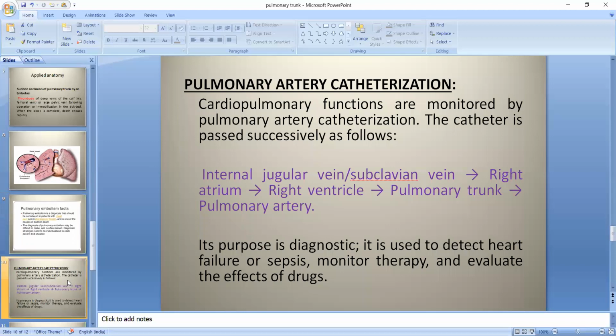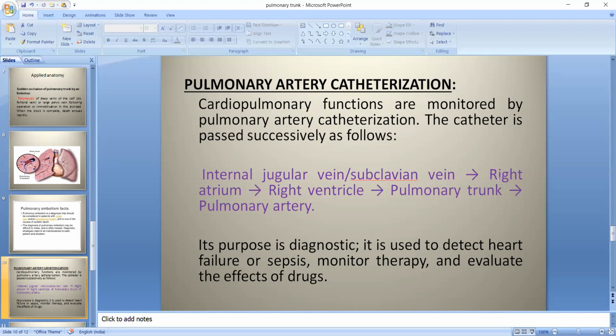There is a remedy for these conditions, that is pulmonary artery catheterization. Sometimes we use pulmonary artery catheterization to monitor cardiopulmonary function. So how do we do catheterization? First, we insert a catheter into the internal jugular vein or the subclavian vein.